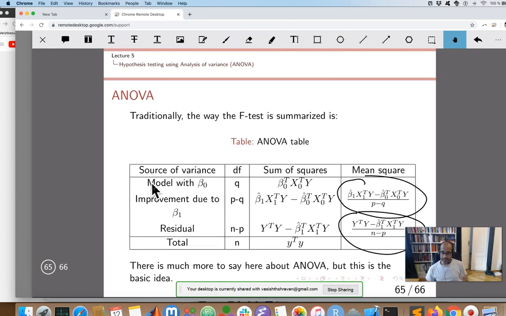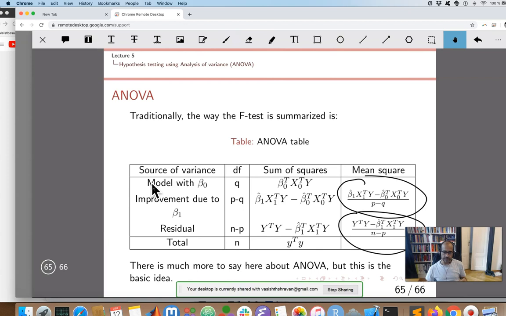For example, there's a great textbook by Maxwell and Delaney, Designing Experiments and Analyzing Data, DEAD. Okay, that book is called DEAD, Designing Experiments and Analyzing Data. It's a beautiful textbook, and this book actually derives the ANOVA using sums of squares and lots of algebraic derivations.